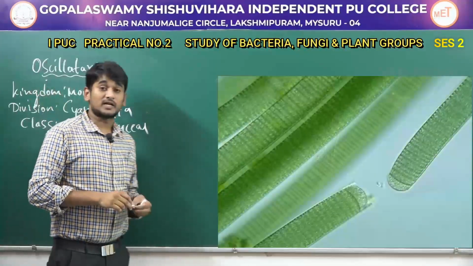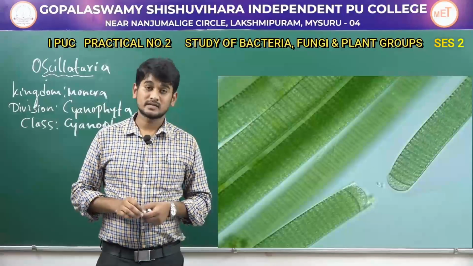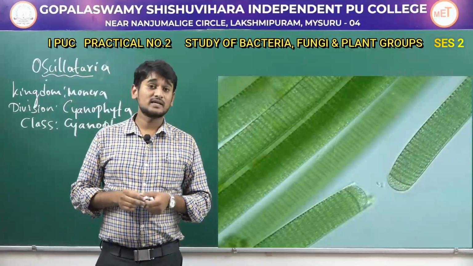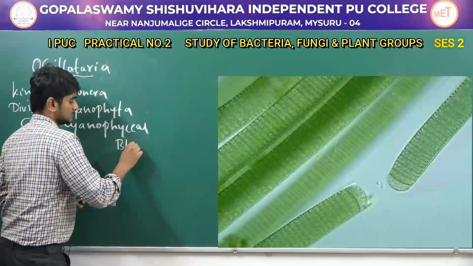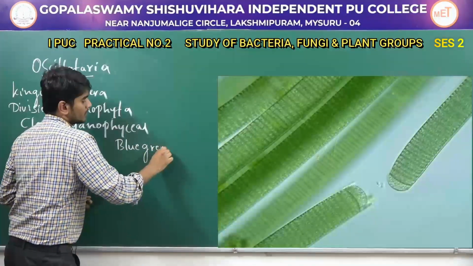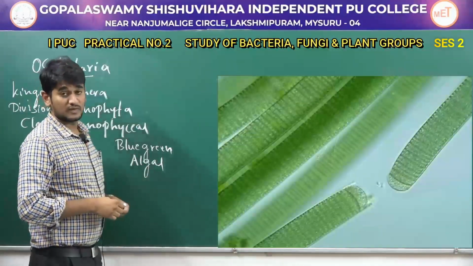Oscillatoria is a genus of blue-green algae, commonly found in fresh water.